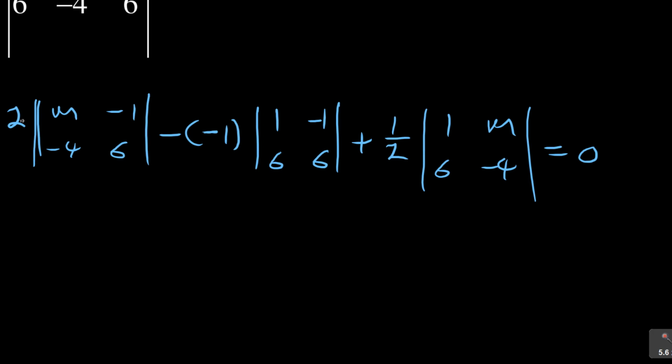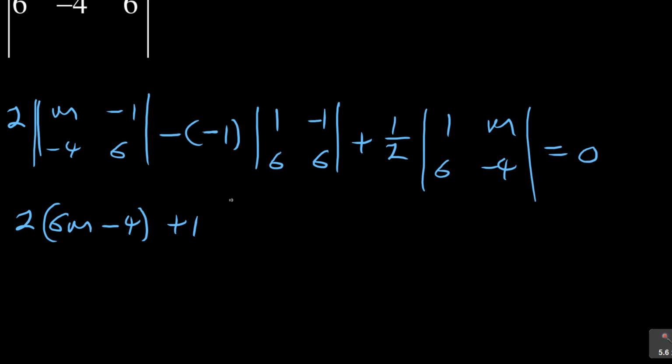Then you evaluate this 2 by 2 matrix, which is 2. 6 times m, it's 6m minus 4 times minus 1 is 4. I'm saying that minus is plus 1.